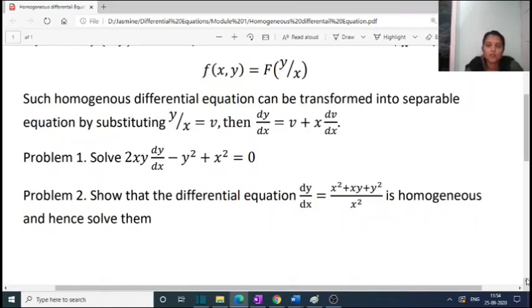So we can write dy by dx as a homogeneous function. Then solve by substituting v equal to y by x, and for that dy by dx will be v plus x dv by dx. So substitute that, change into separable form and solve the differential equation.